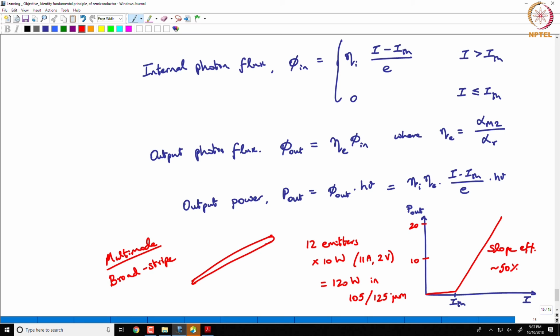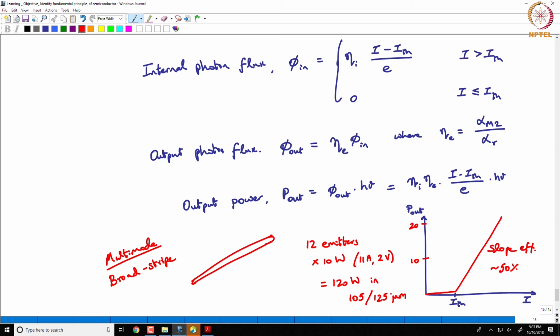It's generating heat. So, if I am generating 120 watts of optical power, I am generating 120 watts of heat also. So, now I need to have these cooling plates. These lasers are typically mounted on cold plates, and we circulate cold water, so we can keep the operating temperature in the order of 25 to 30 degrees centigrade.